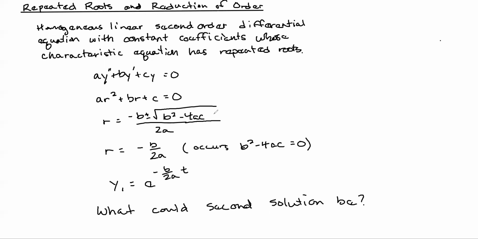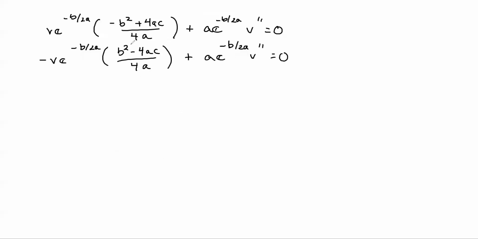This term has to go away for you to end up getting negative b over 2a. So if b squared minus 4ac equals 0, then this part equals 0 and this whole term goes to 0. And so we end up with a e to the negative b over 2a, v double prime equals 0.